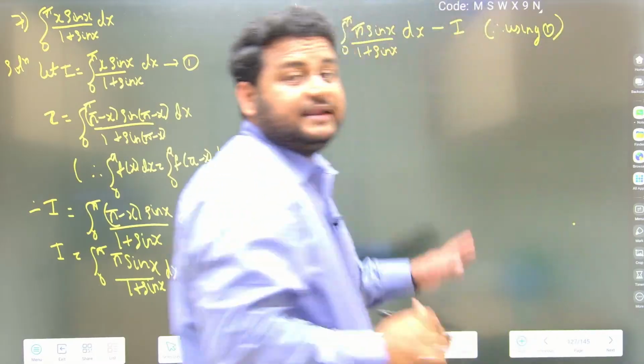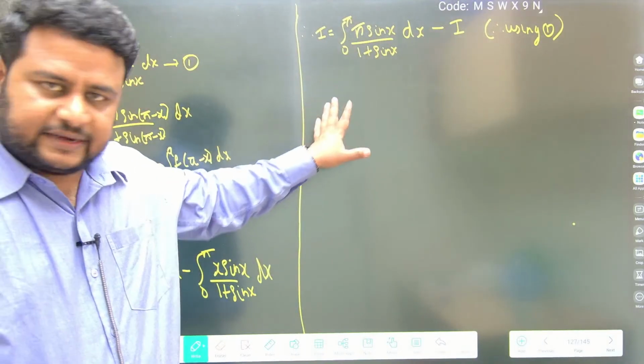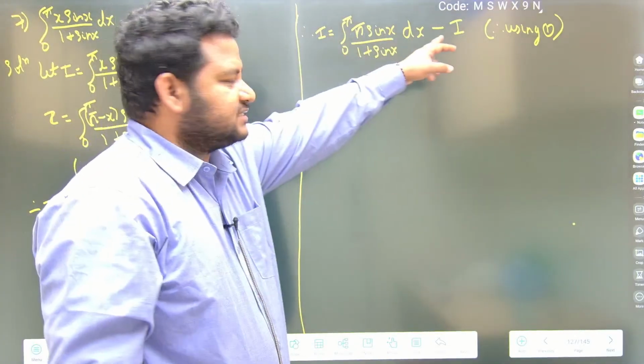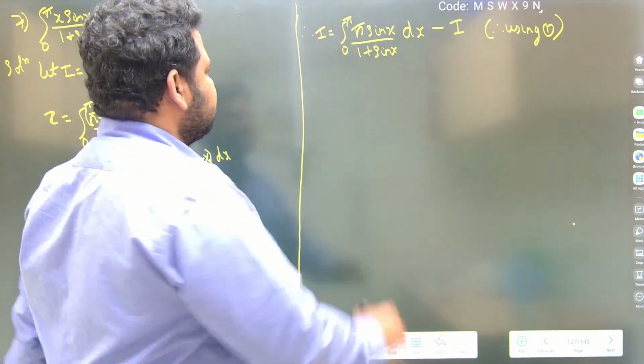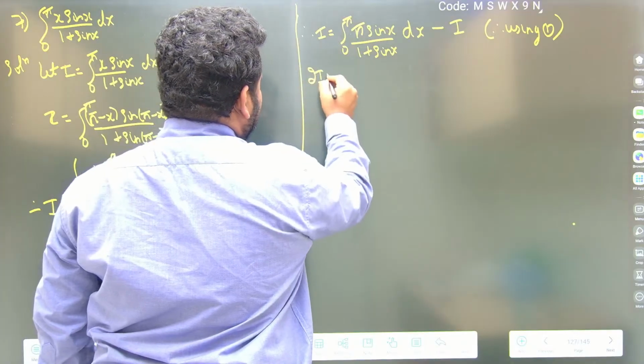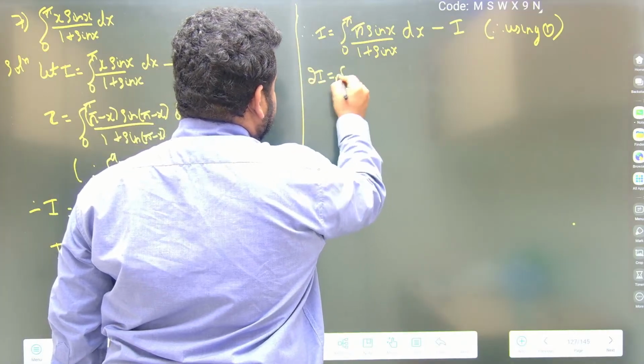You have to write the reason, friends. You definitely have to write the reason. Minus I on this side will become plus I, so I plus I becomes 2 times I. 2 times I is equal to integral 0 to pi. Let me take pi outside.